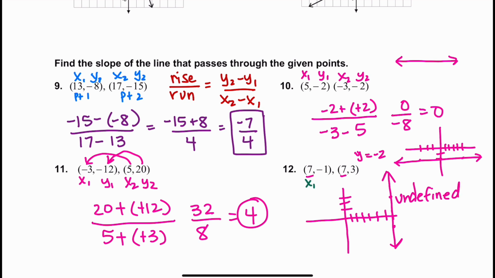I have my x1, y1, x2, y2. 3 minus a negative 1. And in the denominator, I have 7 minus 7. Now 7 minus 7 is a 0. 3 minus a negative 1 is 3 plus 1, which is 4. Any fraction where you have a 0 in the denominator cannot exist.